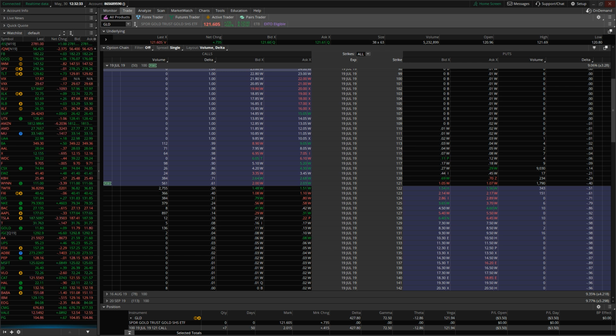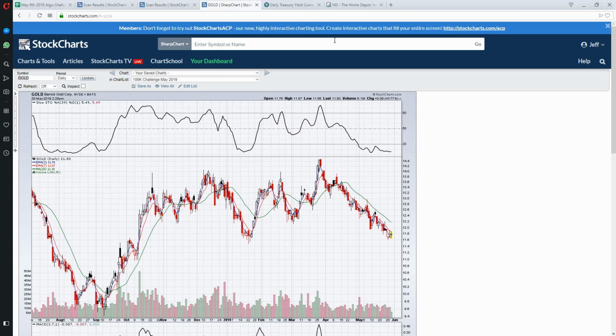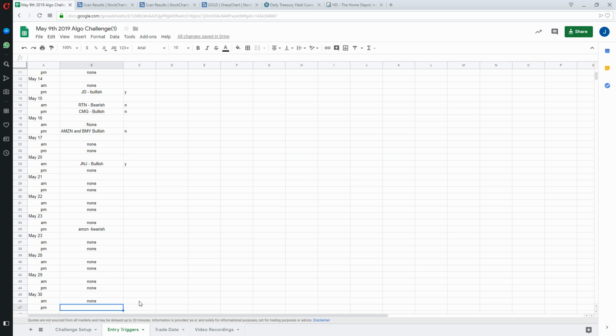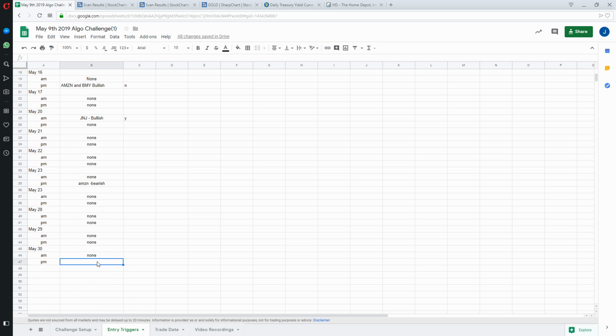So into some GLD, which is the gold ETF here. So let's come into our spreadsheet and let's fill in the data here. We have a signal here this afternoon. GLD bullish. And again, this has nothing to do with the market and the S&P and all of that.